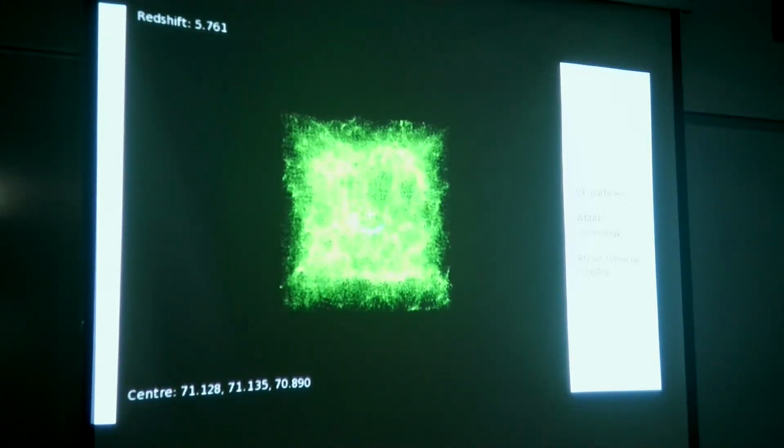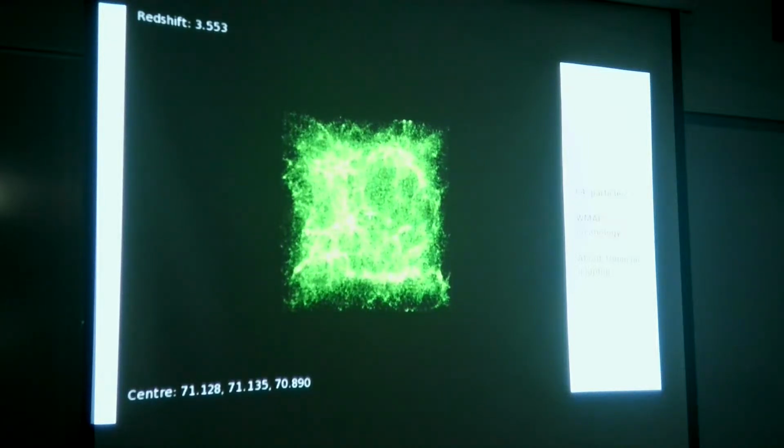It's a long process. So you can see gravity making these filaments and halos collapse, as we have seen in some of the other movies yesterday.